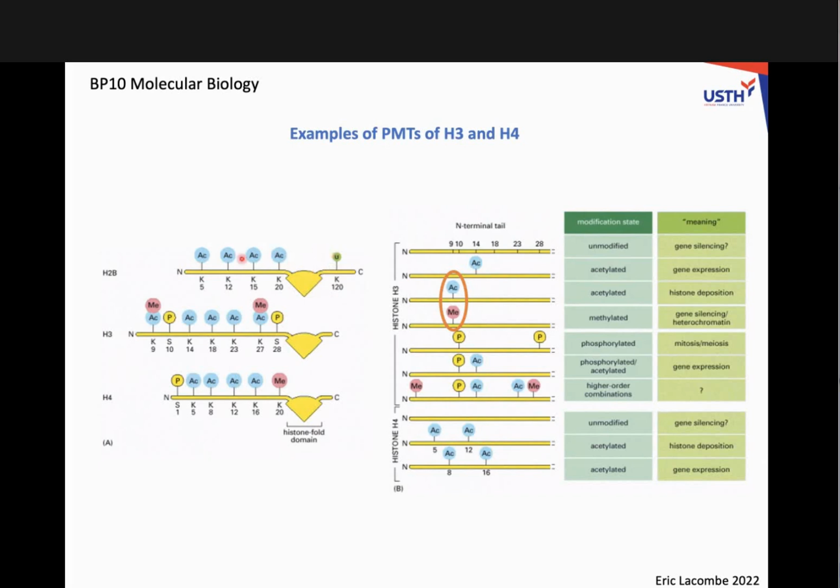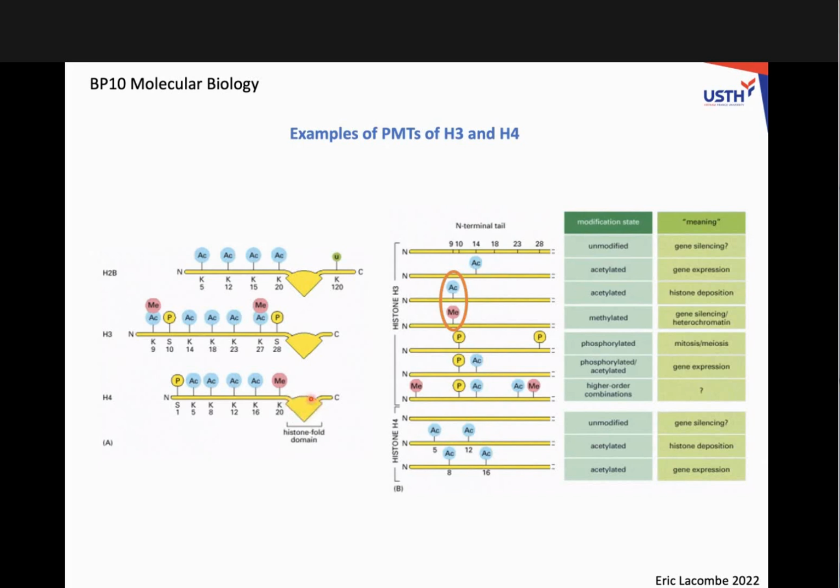Okay, on the left we've got 3 of the 4 different histones. We're going to look at only one, just to show you how it is drawn. So we've got H2B here, H3 in the middle, and H4 at the bottom. This little triangle here, they call the histone fold domain.